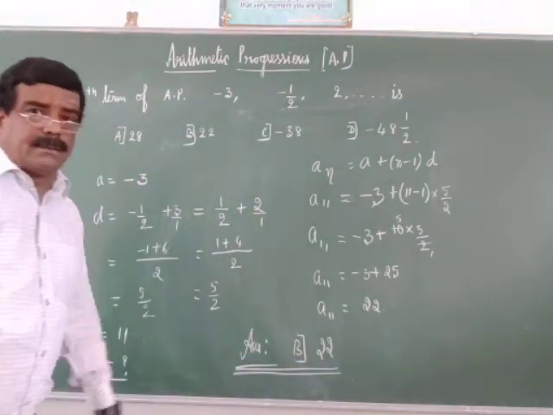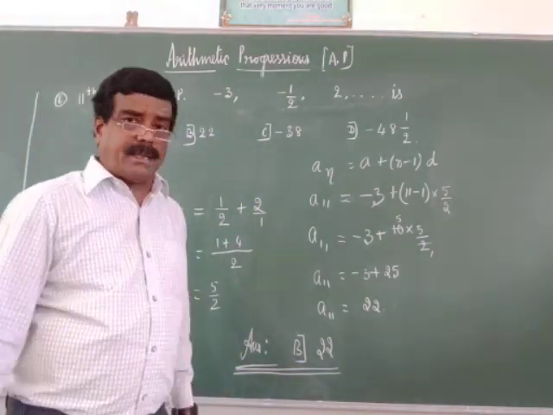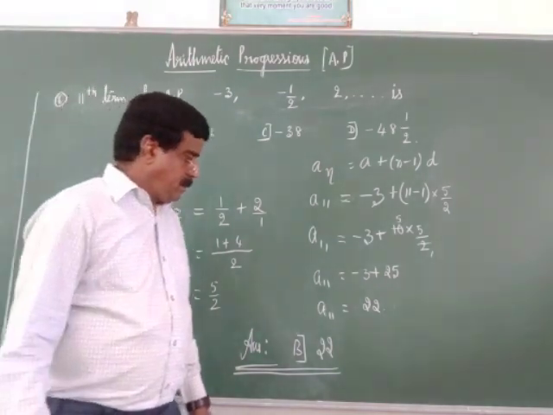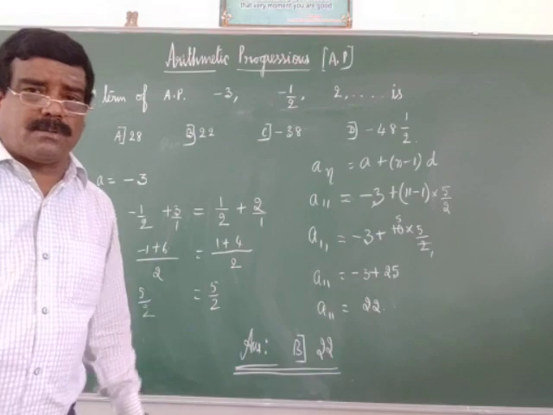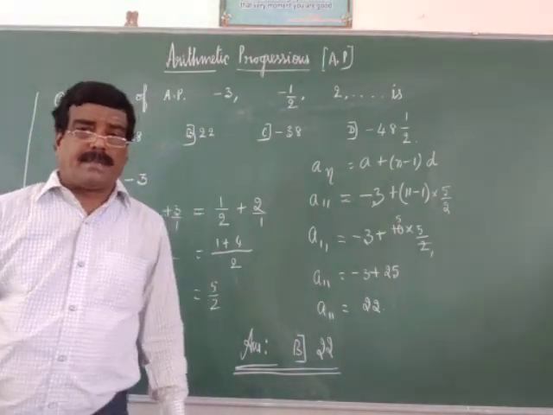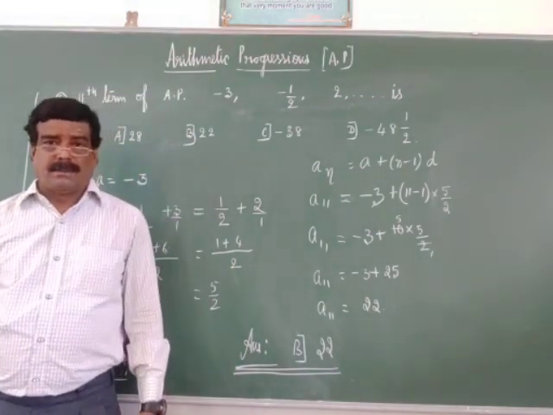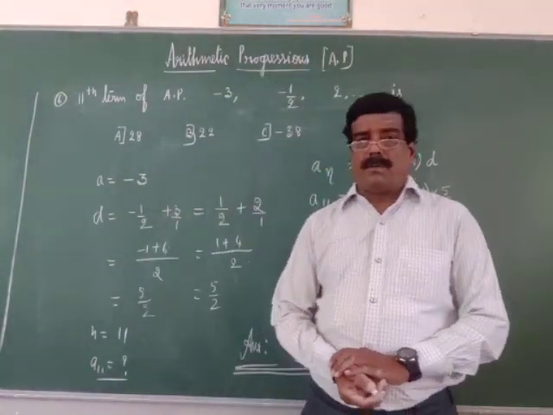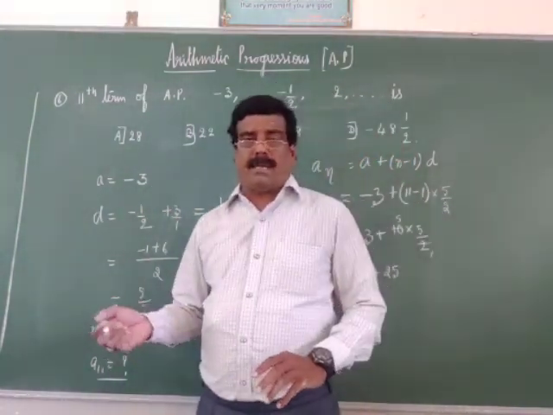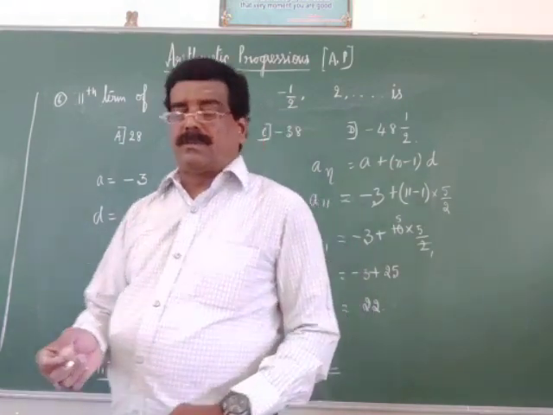Learn this, children. This is the way they are expecting in the examination. Again, this is the question taken from your exercise. So thank you children. The remaining concepts we will cover in the next class. Thank you.